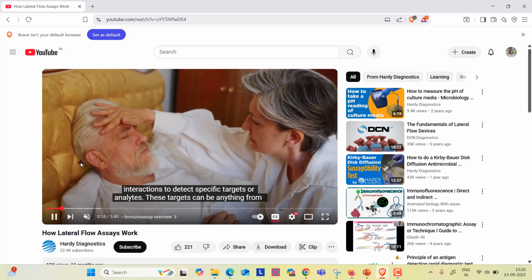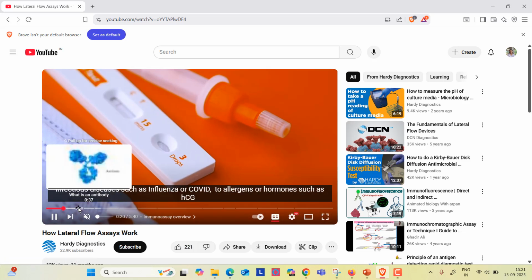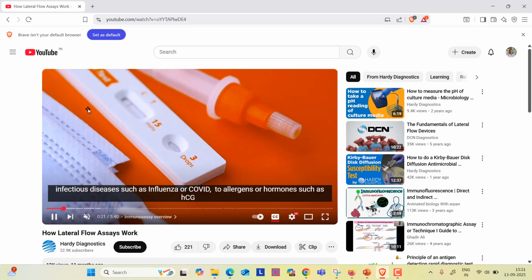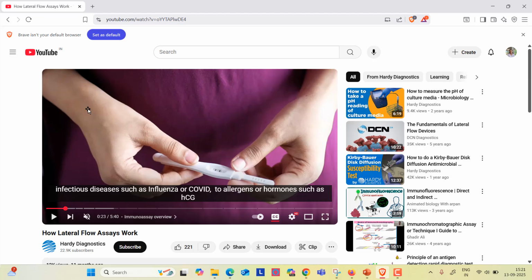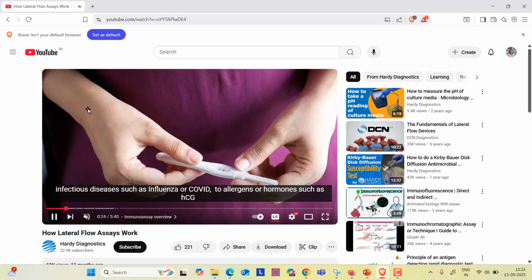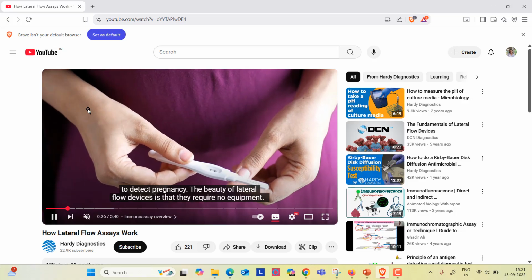Now, what will they do? These lateral flow assays were also used in the time of COVID, to detect influenza virus, and in general for different kinds of hormones in pregnancy test kits.